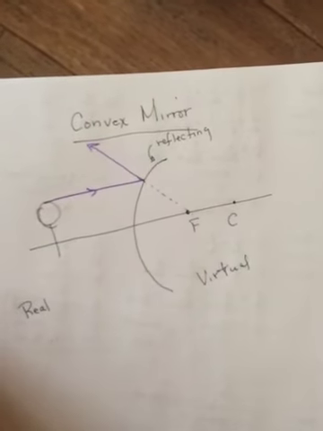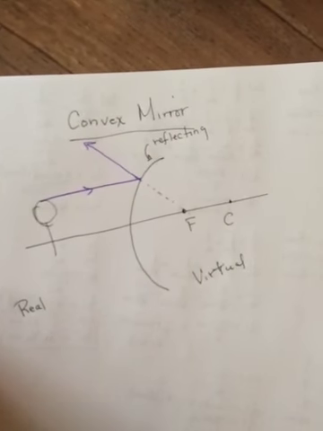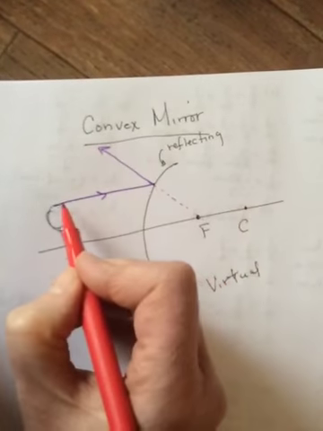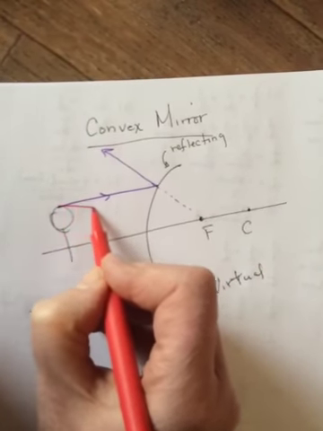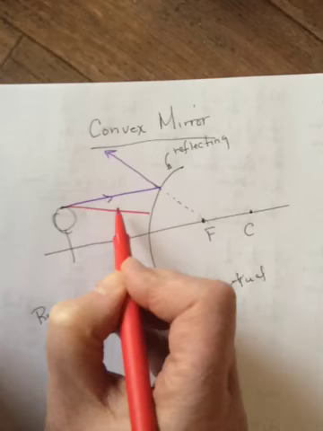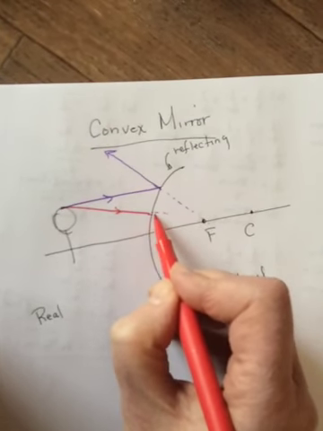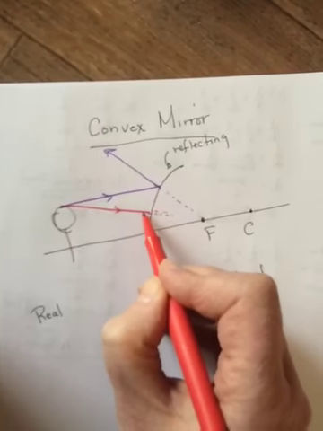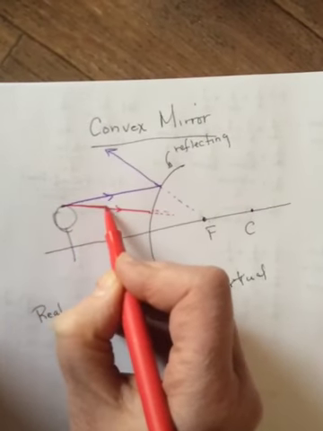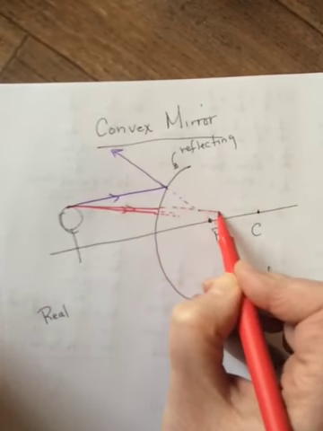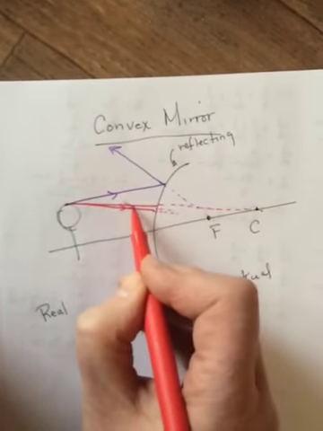Okay? And then the second ray that we'll use will be a ray that can't actually go through C, but it's going to appear to pass through C. Maybe this one's actually appearing to pass, I didn't do a very good line here. Appears to pass through C, will get reflected back on itself.